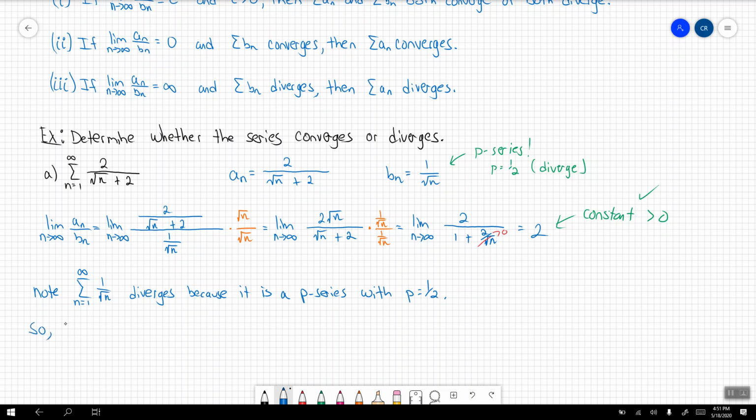So my series, the one that was in question, square root of n plus 2, also diverges by the limit comparison.